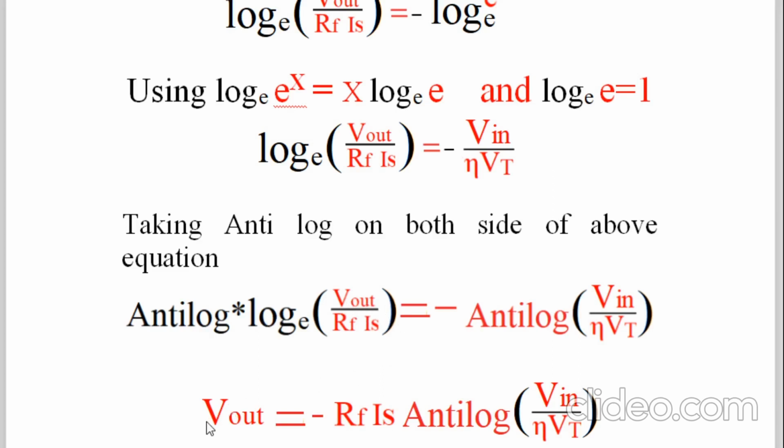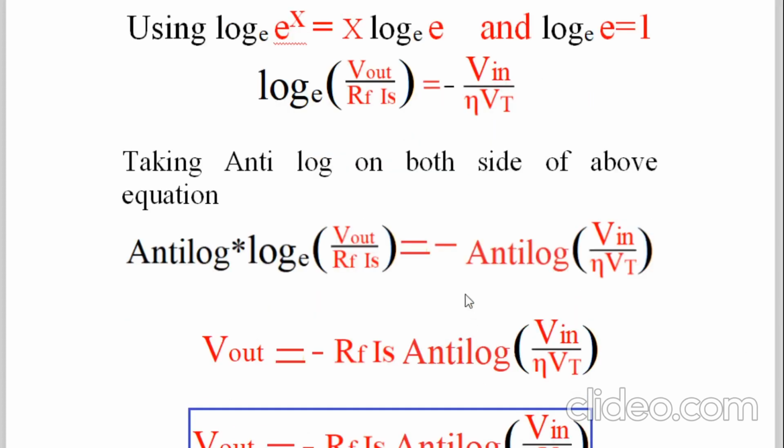So what I will do, I will put V out here only equal to, and this Rf and Is I will take on that side. And now you will come to know that our output is nothing but V out is equal to minus Rf into Is anti-log of V in divided by eta into Vt.